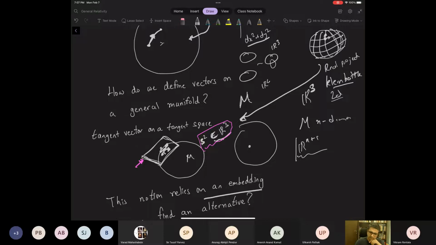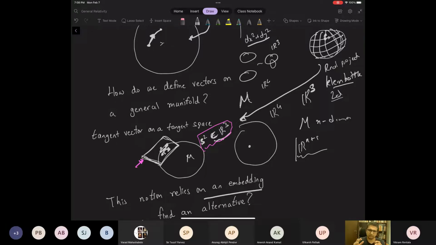This also cannot be embedded in R^3, but it can be embedded in R^4. So the embeddings are not obvious, and so we'd like to talk about a notion of tangents which doesn't rely on the fact that this is embedded inside some higher dimensional space. And ultimately, when you talk about space-time as 3 spatial dimensions and 1 time dimension, you don't necessarily want to think about that as embedded in a higher dimensional space-time.